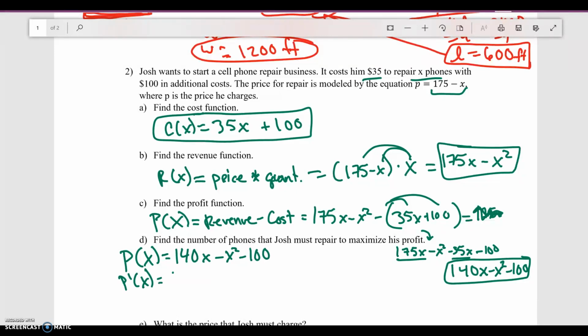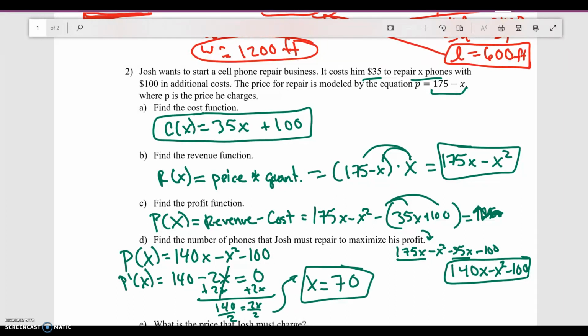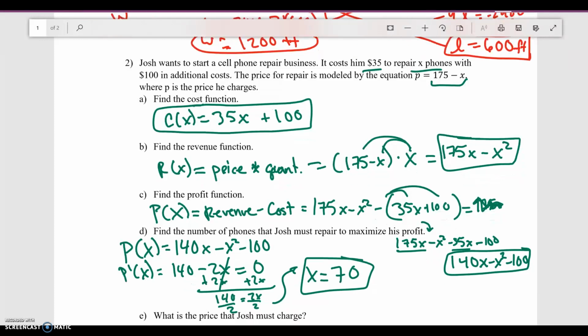I get 140 minus 2X plus 0, and I set this equal to 0 in order to maximize it. I'm going to move the 2X over, so we get 140 is equal to 2X. Dividing both sides by 2, X is equal to 70. So in order for Josh to maximize his profit, he needs to repair 70 phones.